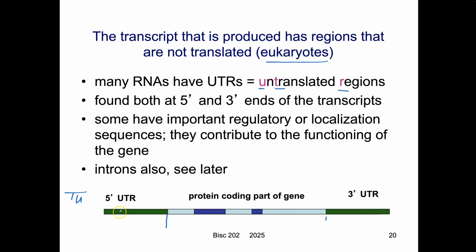At the 5' end, there's going to be signals for the binding of ribosomes and so on. And there's also introns, which we'll talk about later. So of this larger sequence, only a subset of the nucleotides in there is going to provide amino acid information to make a protein.